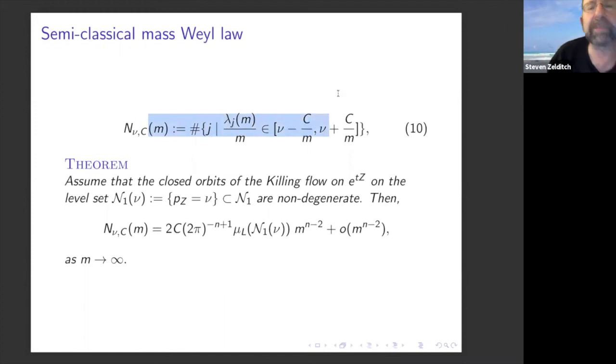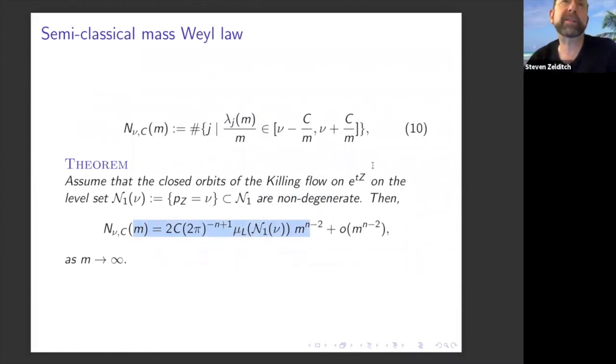We're trying to count the number of these eigenvalues, and this is sort of like an Ivrii type situation because we're counting things in very small intervals. So we have to assume something about the closed orbits having measure 0. I don't want to get into it. I just put that we wanted the closed orbits to be non-degenerate. We could prove something much more general, and so we get a Weyl asymptotics for this massive situation.